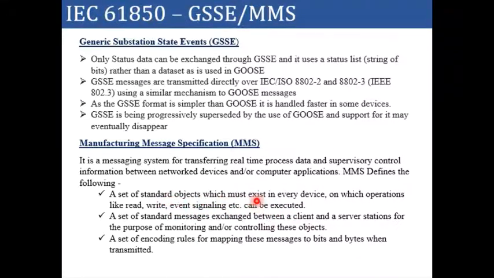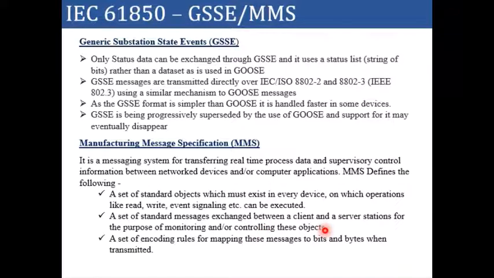So if you want to extract the measurement information or the status information from the device, you can query using MMS. A set of standard messages is exchanged between client and server stations for the purpose of monitoring and controlling of these objects.